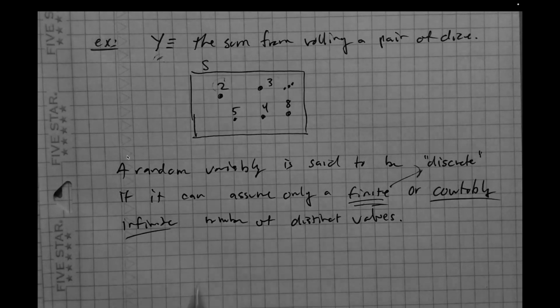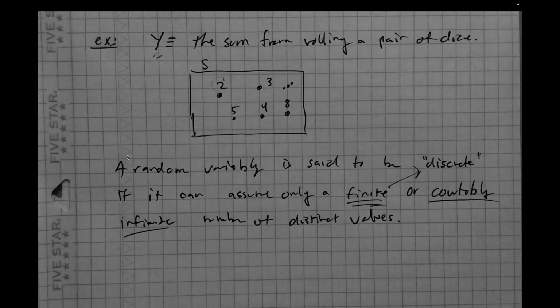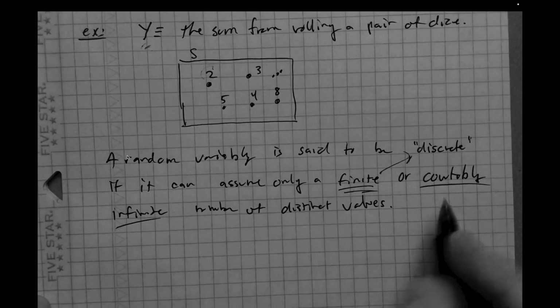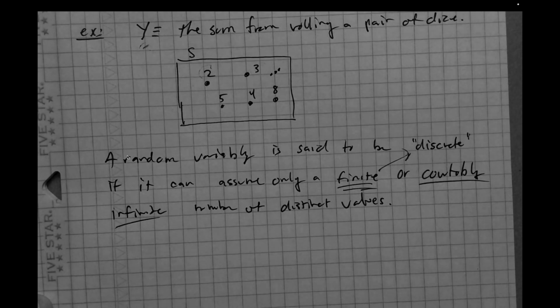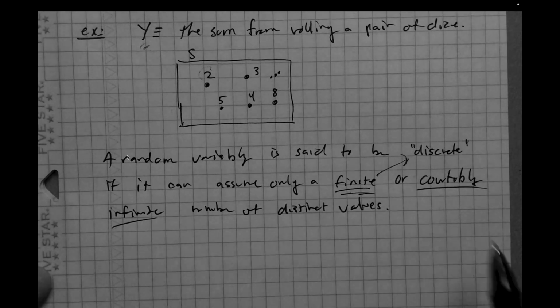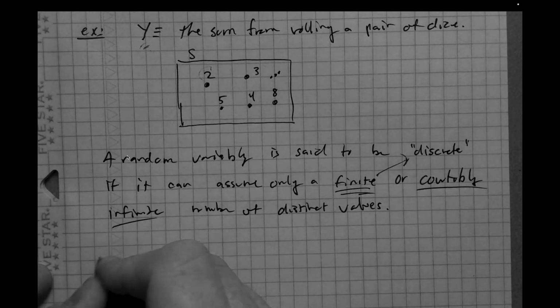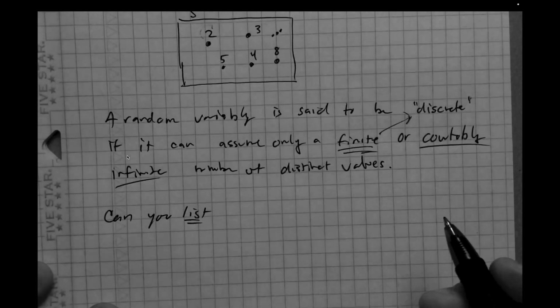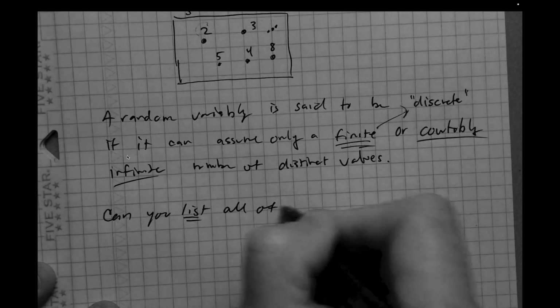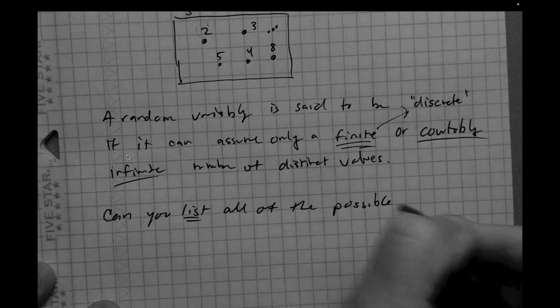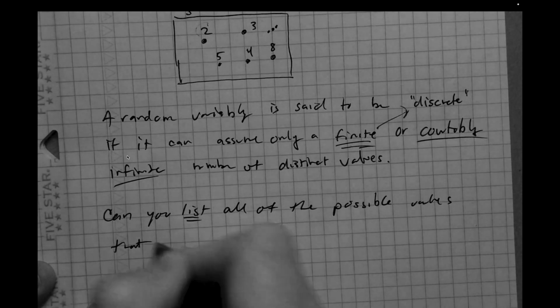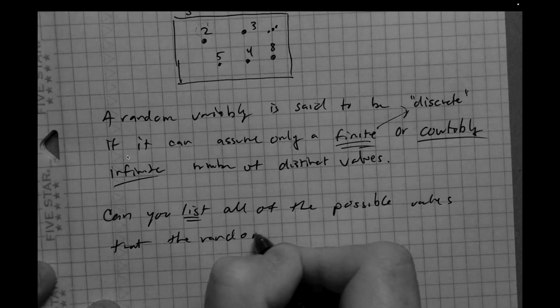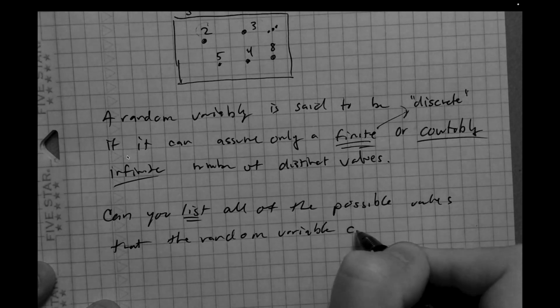This other idea of countably infinite is a little less obvious. What do we mean by that? There are different ways to approach this, but really the way to say it is: can you list all of the possible values that the random variable can assume?